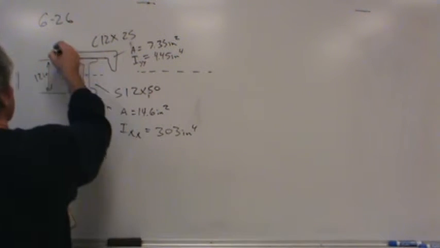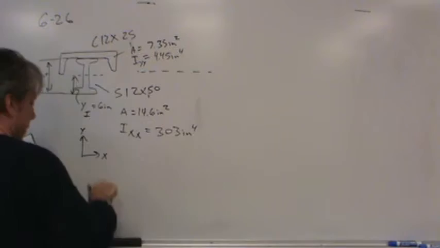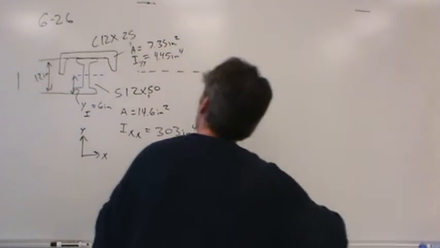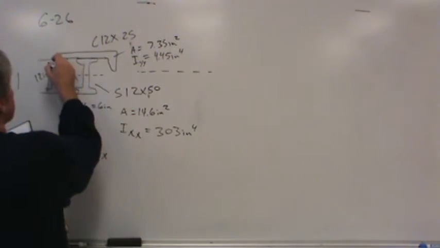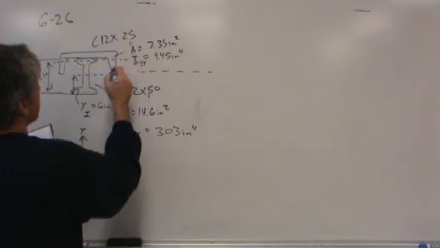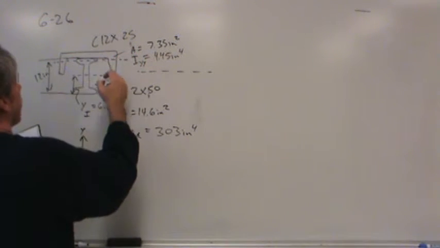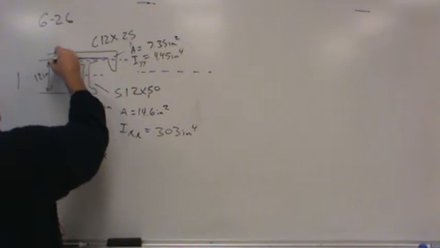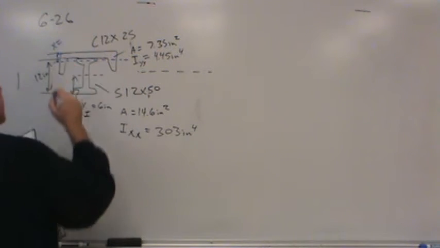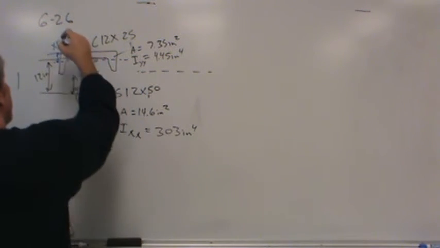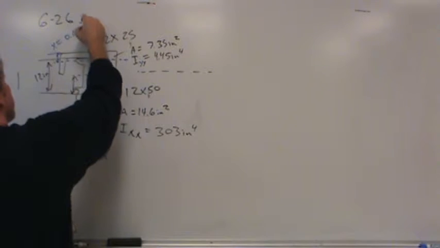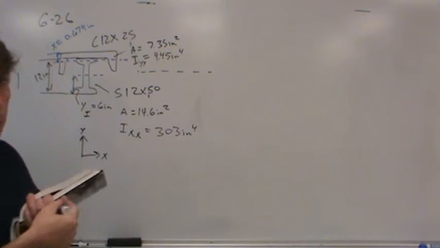So the distance from here, let me change colors. The centroid of the C channel is about there somewhere, and the height here is what they're calling X. And they say it's equal to 0.674 inches. Okay?